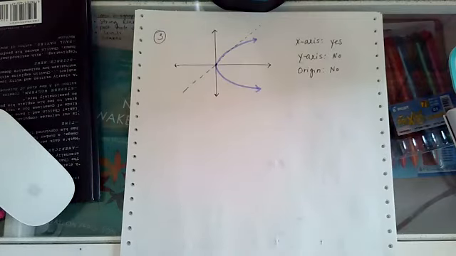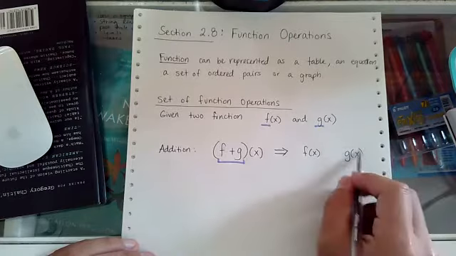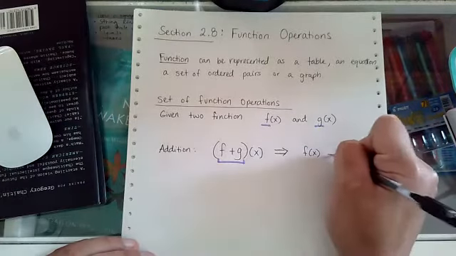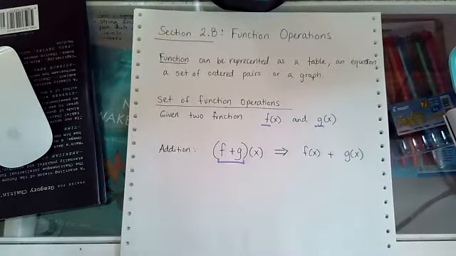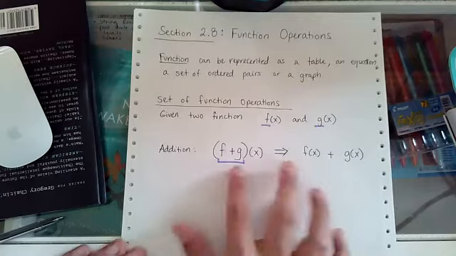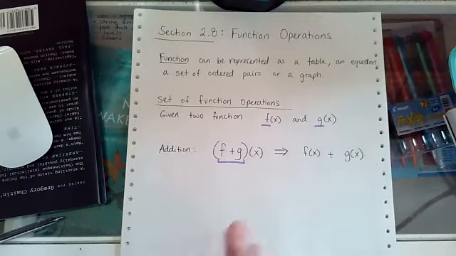And if you're given this operation, f plus g of x, what you're actually going to do is take the output value of function f and add it to the output value of function g. Now, this is going to look like weird notation, and it sort of looks like the distributive property, but when we're talking about functions, that is not what's going on. A lot of times in math, the notation that we use is context dependent.